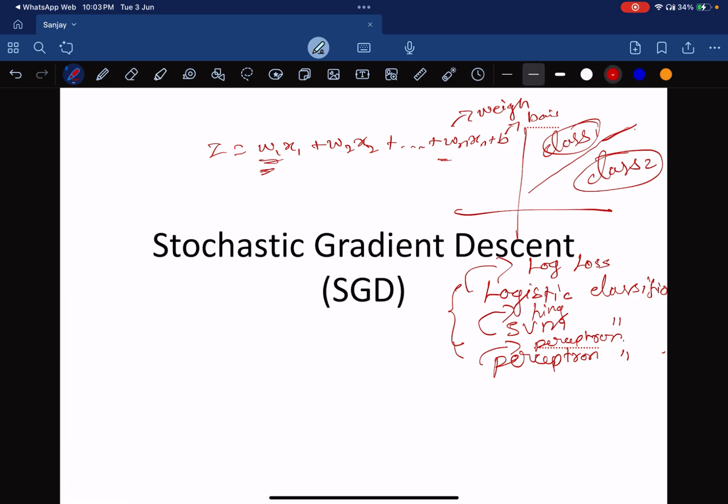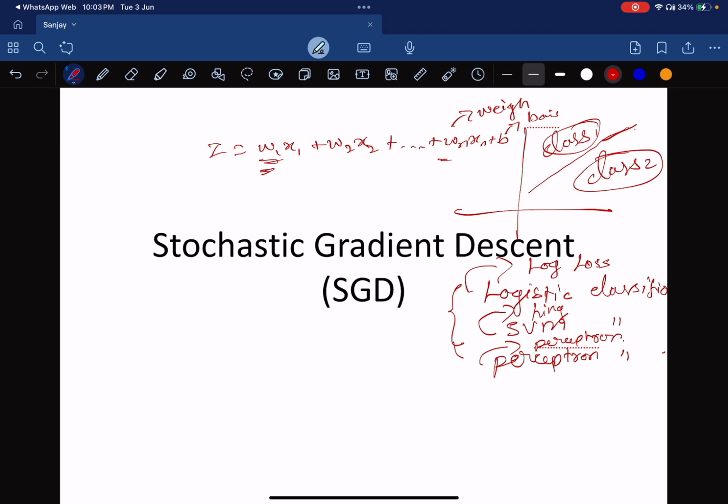In simple terms, the other algorithms update their weights based on the average loss over the entire data set, but stochastic gradient descent updates its weights based on a single point. Due to that, the data set may have outliers or noise, so it uses something called regularization to prevent overfitting. It also has one advantage, like batch training.